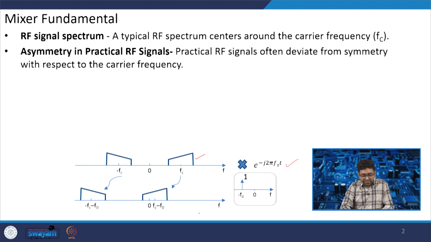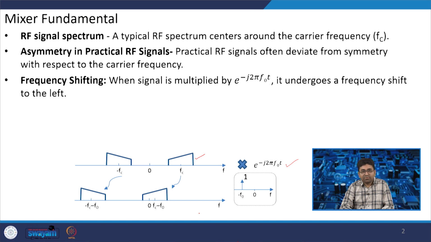When the signal is multiplied by e raised to minus j 2 pi f naught t, it undergoes a frequency shift to the left. You can see here Fc minus f naught and minus Fc minus f naught. We are going to use a mixer for this multiplication.